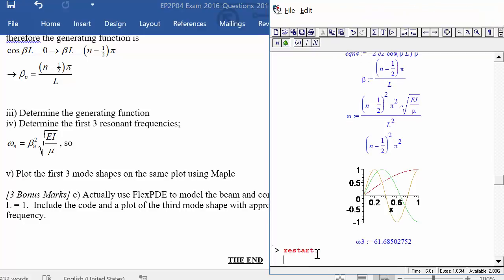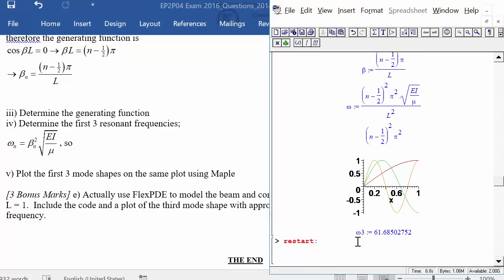We have that EI is supposed to be equal to E times B times H cubed over 12, where H is the thickness, B is the width, and E is the stiffness.